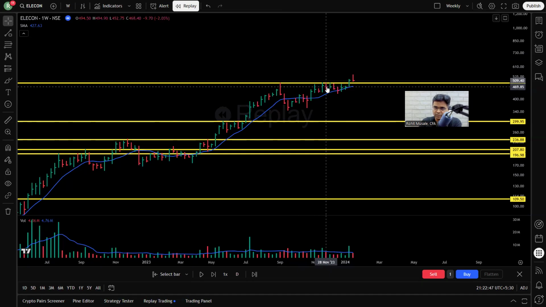Correct? So now the high of this red bar, which is 494.90, that is base number 4B. Because after this red bar, you have 3 consecutive bars which are below this red bar. So let's mark that 494.90.